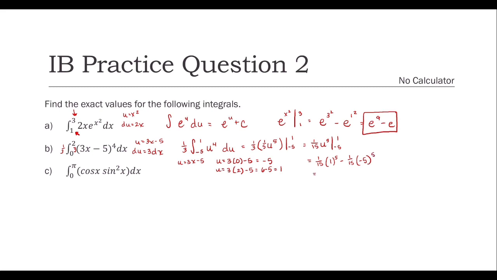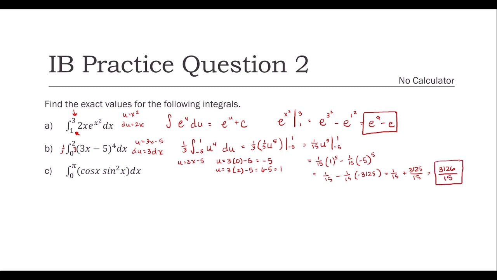So this equals 1/15 minus 1/15 times negative 3,125. So this is 1/15 plus 3,125 over 15, which equals 3,126 over 15.